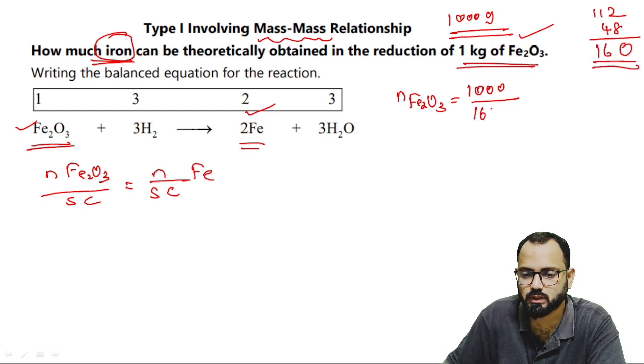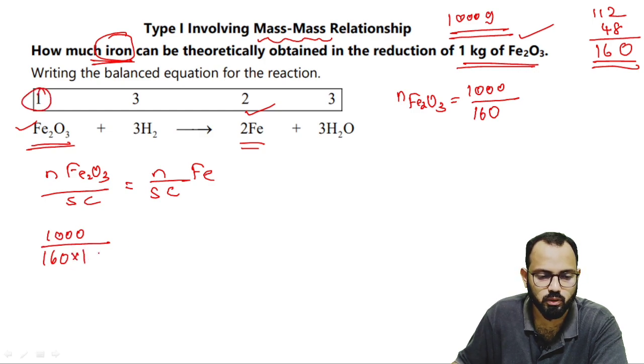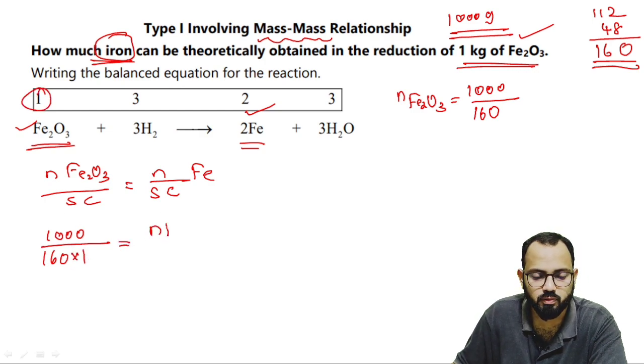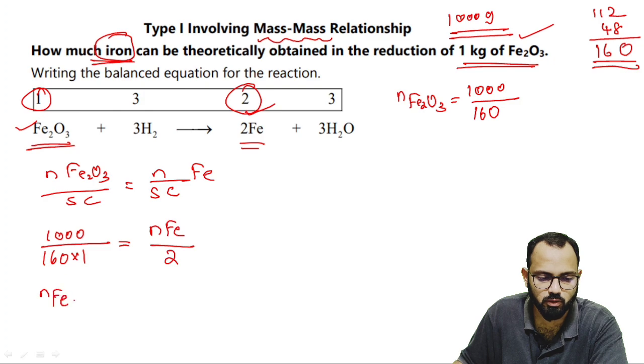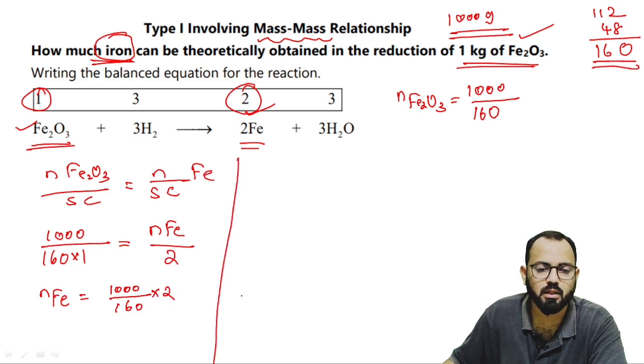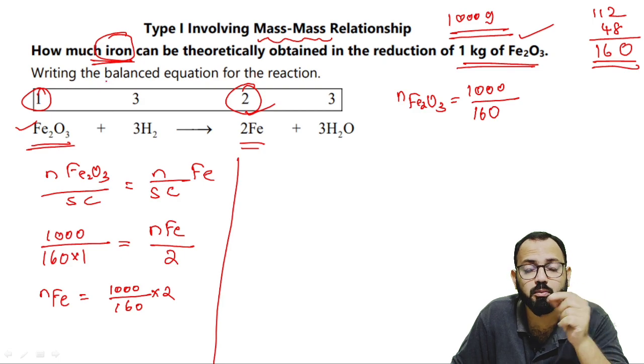So 1000 by 160 will be the number of moles of Fe2O3. So number of moles of Fe2O3 I'm substituting here, 1000 by 160, into stoichiometric coefficient 1. That's okay. Then number of moles of Fe is what? The unknown. Stoichiometric coefficient of Fe is 2. Fine. So N of Fe is going to be 1000 by 160 into 2. What I needed is the amount of iron produced.